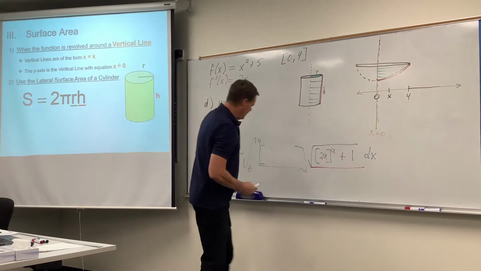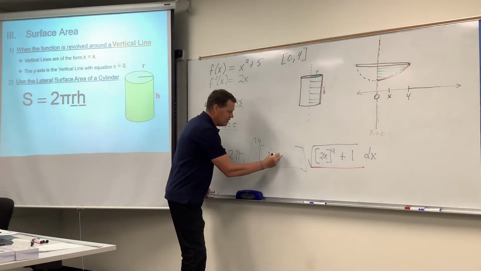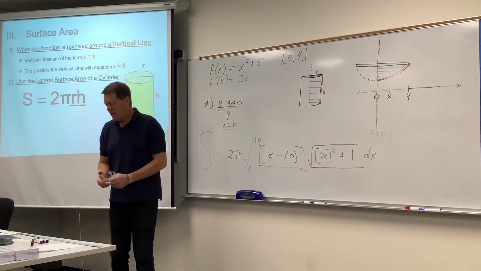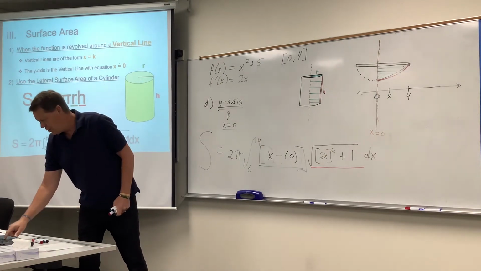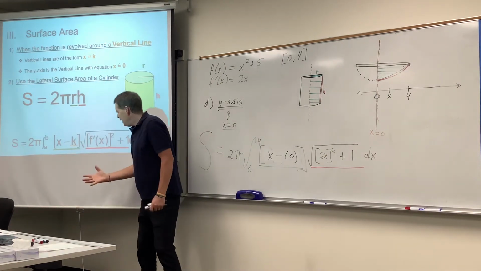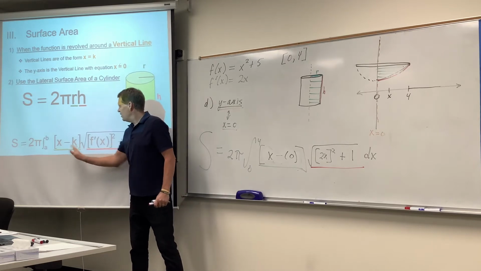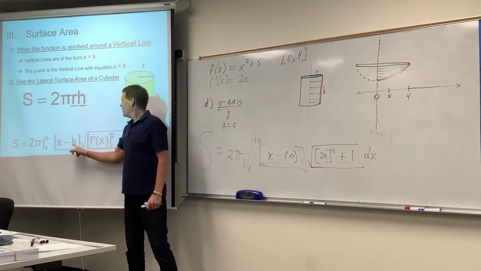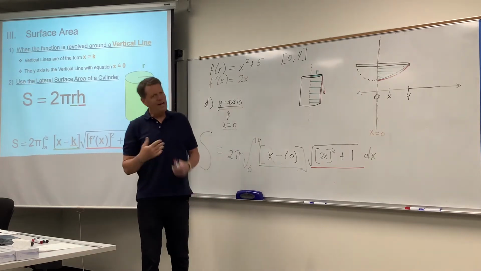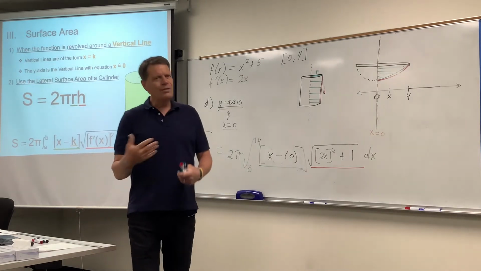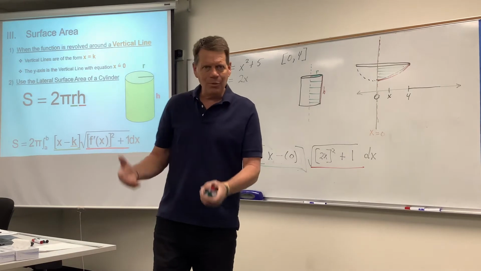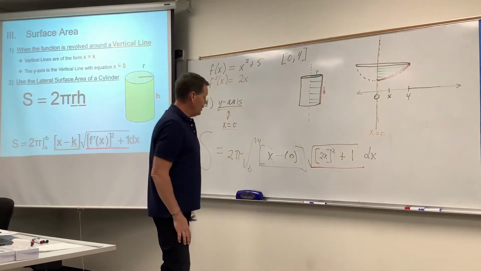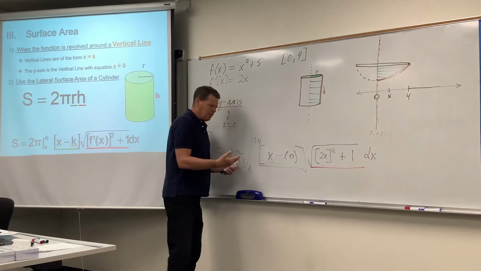So in this case, it would be whatever the value of x is minus the axis of revolution, 0. You'll see in your notes, and you can follow the cookbook if you want. Since our radius this time is a horizontal type of creature, it would be x minus k rather than f of x minus k. That's really the major difference between these examples and the A, B, and C that we did earlier. And that would be the setup of that. And x minus 0, of course, is just x.